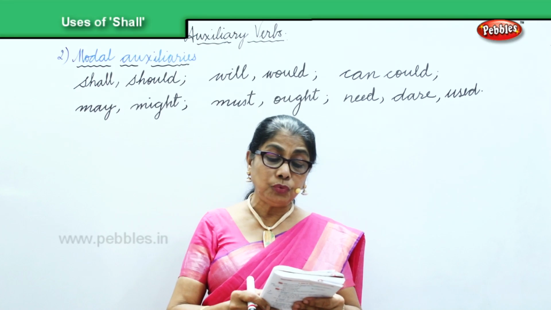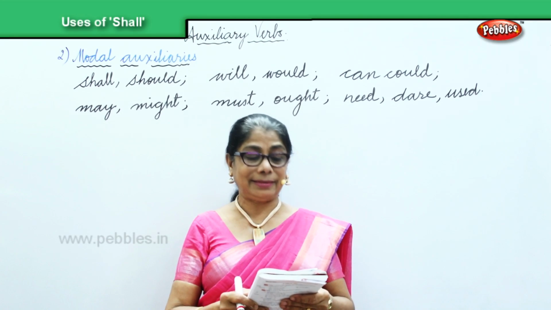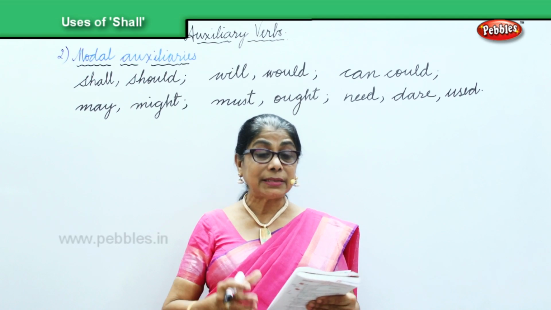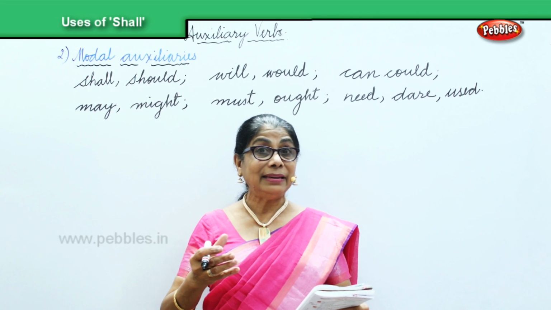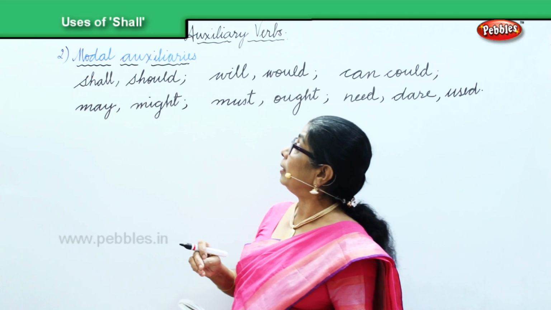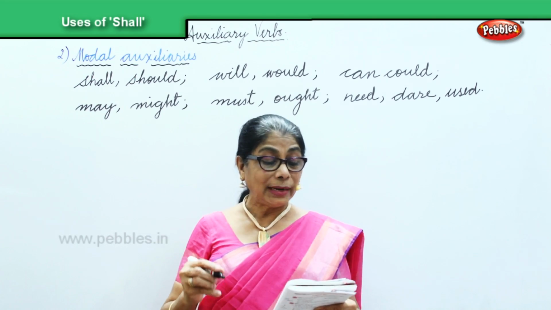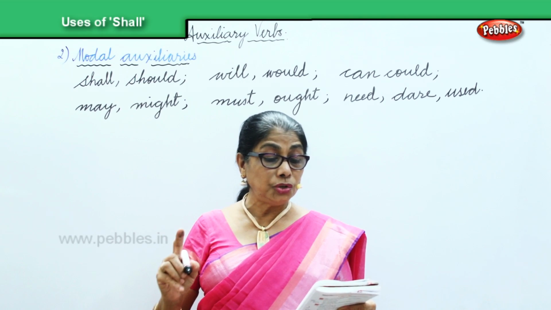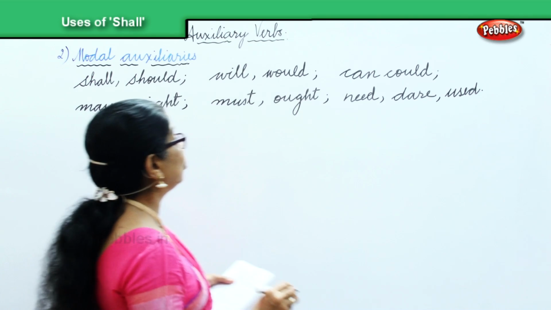They cannot be used in continuous sentences. We use modals to express our mood, manners, and attitudes. So let's look at the modal auxiliaries. Modal auxiliaries do not change. That we have to remember.